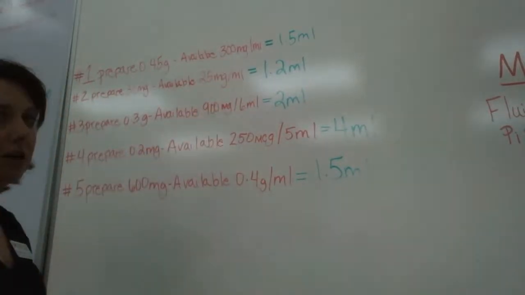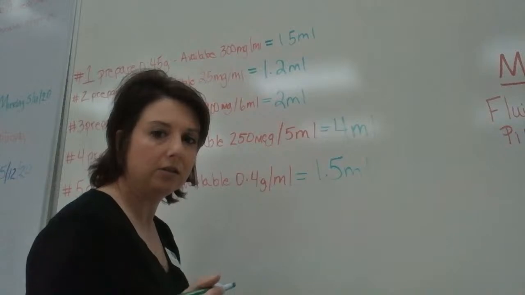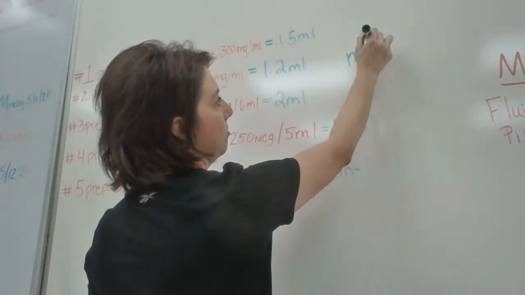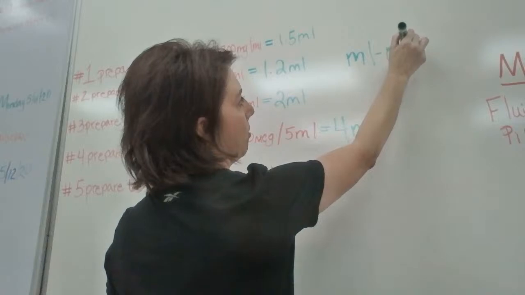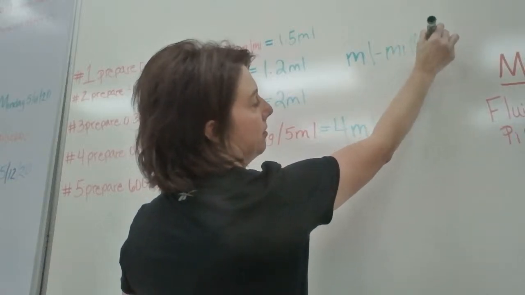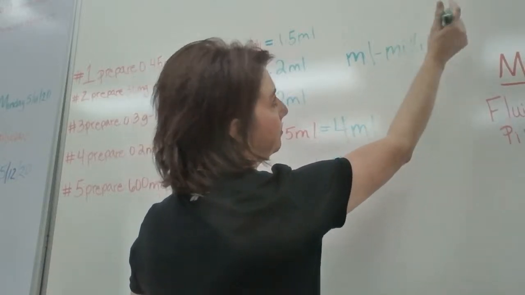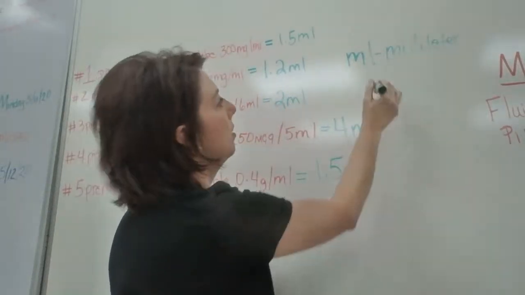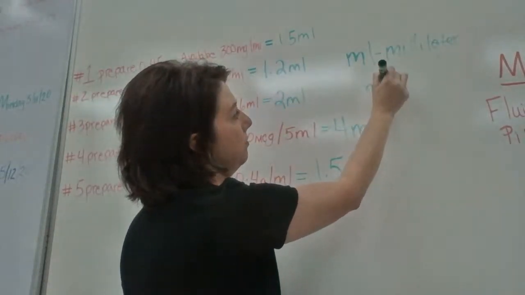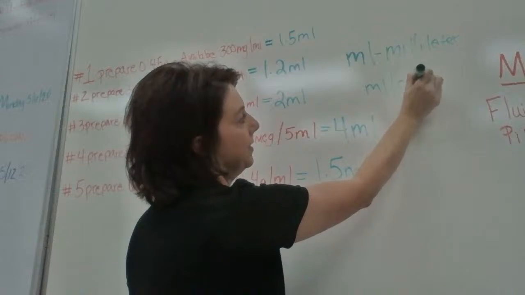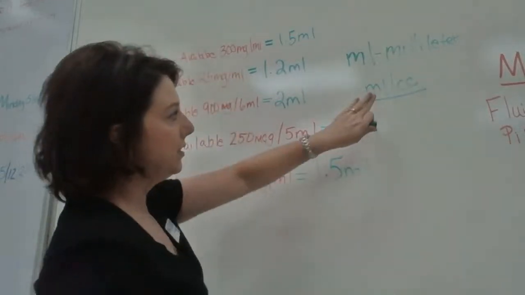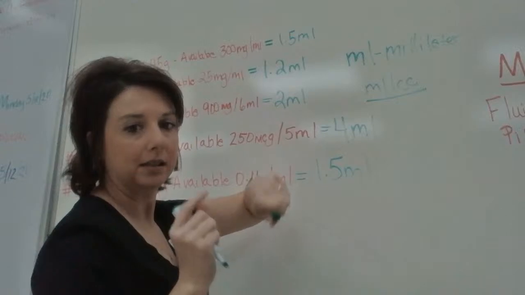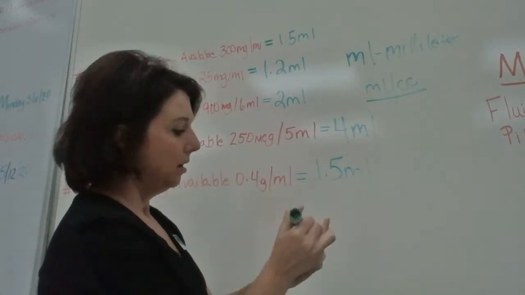In case those of you did not know, mL stands for milliliter, and mL is the same thing as a cc. This is an L, not a 1 or a capital I. So it's an M and an L.